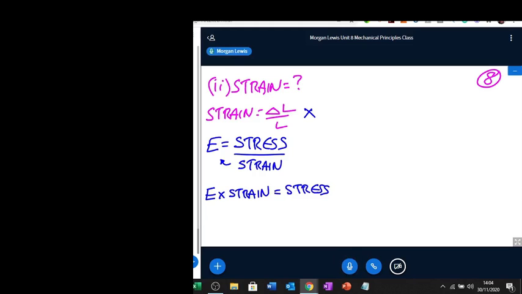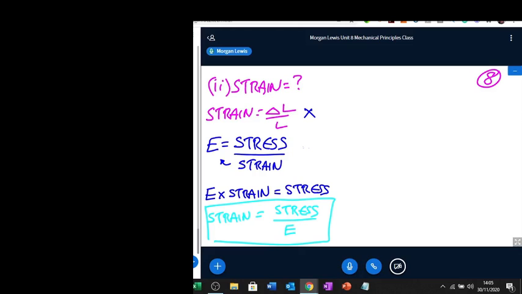I've multiplied strain over here, so it cancels out. I'm going to leave the strain here and move the E down, because E is multiplied. I'm going to divide both sides, so do the same thing to both sides. It gets rid of it on the left, and we have it there. That's the formula: strain is stress divided by E.